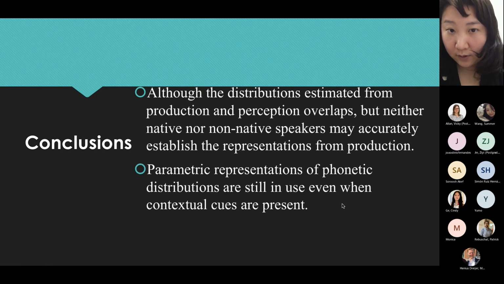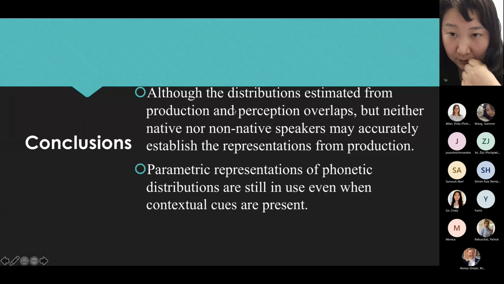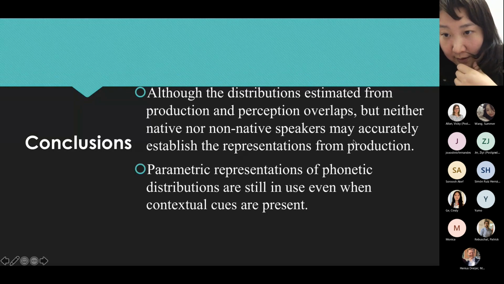And although the distributions estimated from the production and the perception overlap, neither native nor non-native speakers can establish representations exactly the same as the production.